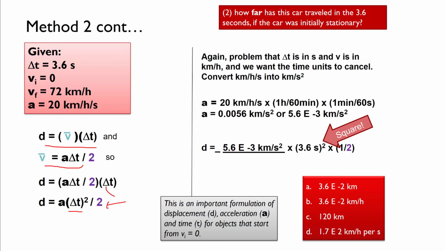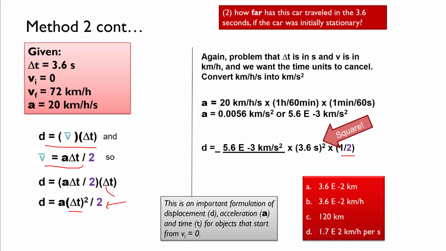Our acceleration, 5.6 times 10 to the minus 3 kilometers per second squared, can then be multiplied by delta t squared, 3.6 seconds squared. Don't forget to square it. And times a half. We end up at the exact same place.